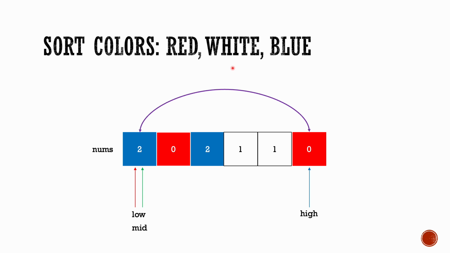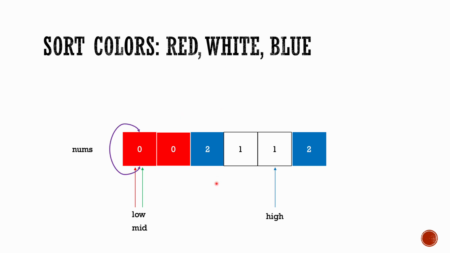So right now we are going to swap the values at mid and high and decrement high. When we do that, our high is decremented, and as you see, 2 is there at the end, which is at the correct position.